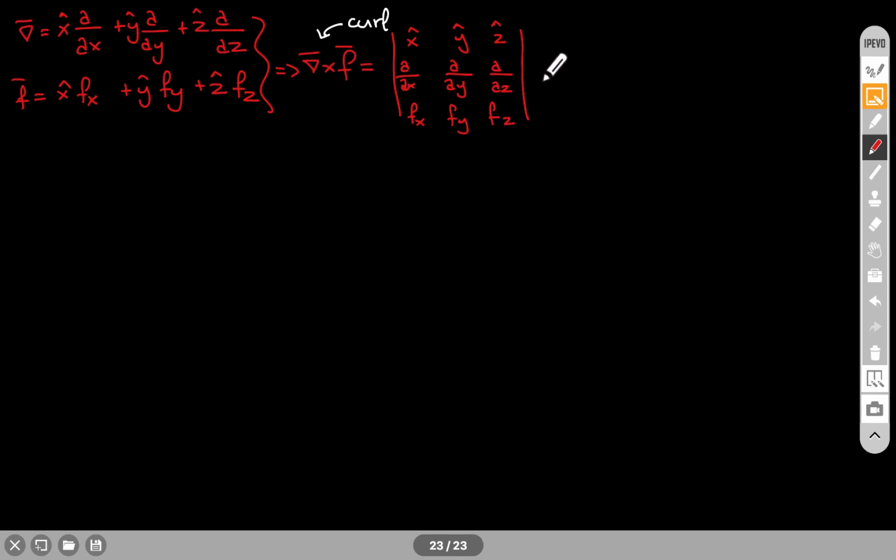Now, we can calculate the determinant of this, and this will give us essentially the three components, the x, y, and z components. I will start writing these. I will probably run out of space over there, so let's go here.